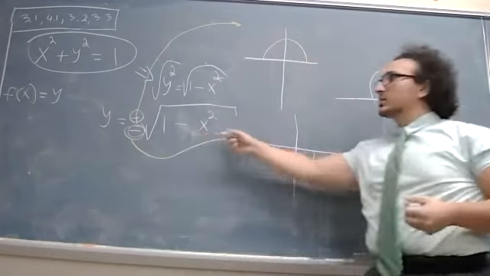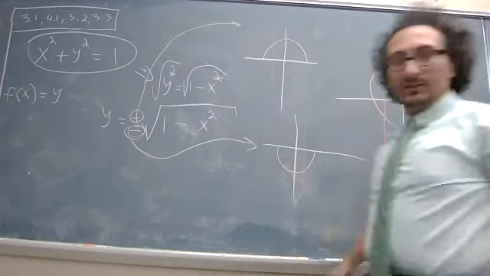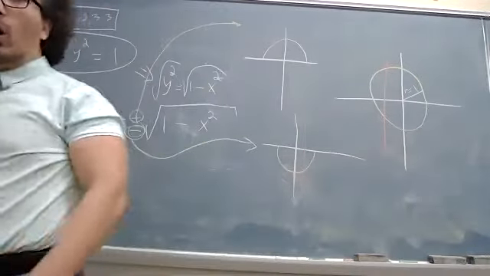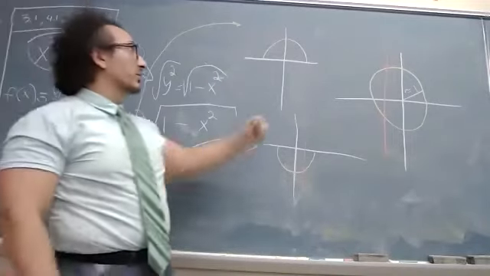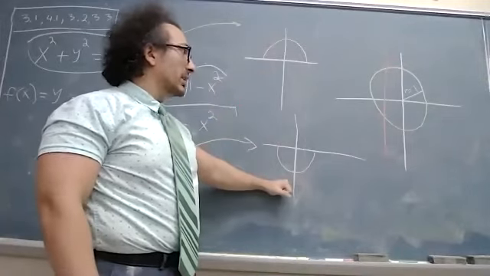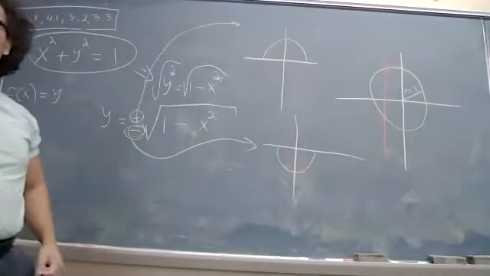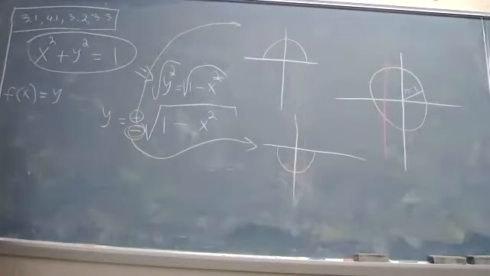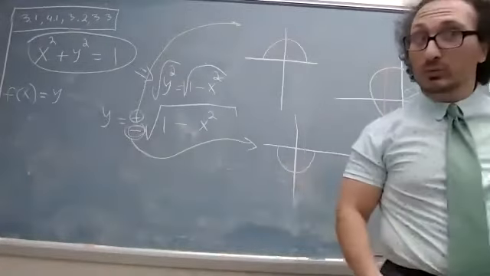But because when we take the square root we get plus or minus, we generate this, which fails the vertical line test. So if we want to actually get a function out of this, we'd have to take either the plus or the minus. We cannot take both. Pretty cool, huh? Isn't that cool? Isn't math cool?